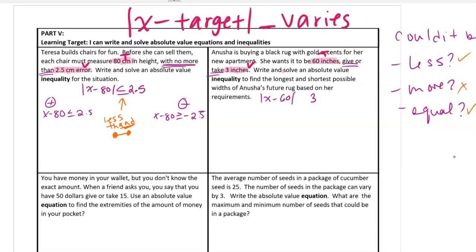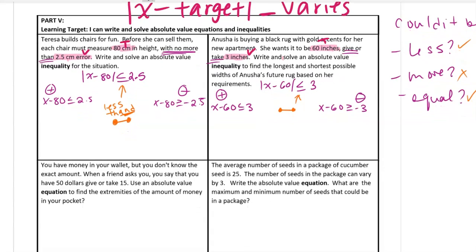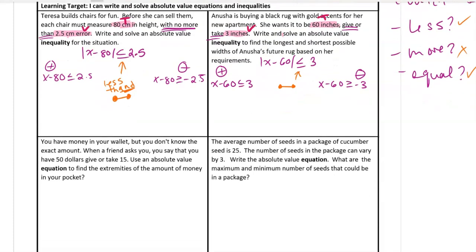No. Could it be less than 3? Sure. Could it be equal to 3? Sure. So here we have less than or equal to. Positive and negative solution. On the negative side, we flip the inequality and make the 3 negative. Now again, we have less than, so we're going to have two dots colored in and combined in the middle.